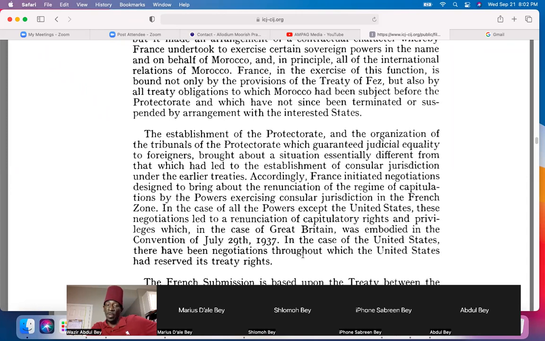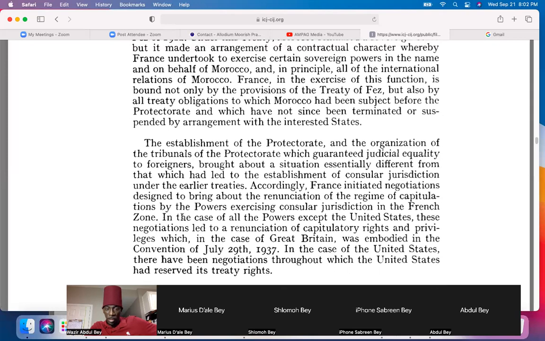In the case of the United States, there has been negotiation throughout which the United States had reserved its treaty rights. So this is saying that France went into negotiation with the other powers to relinquish their consular jurisdiction, capitulatory rights and privileges. Right, so let's keep reading and see what happened.